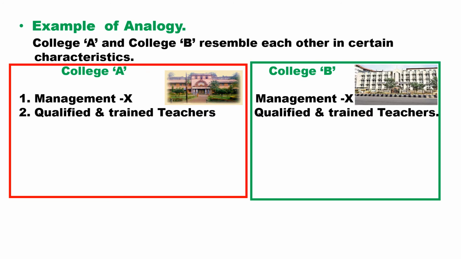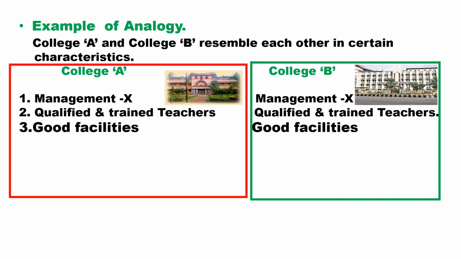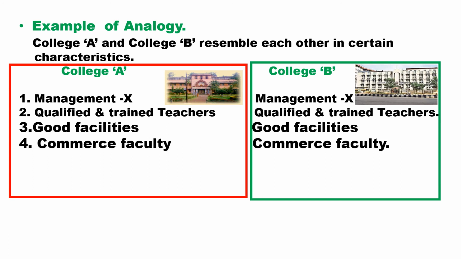Second, both colleges have qualified and trained teachers. Then, College A has good facilities, and College B also has good facilities. College A has a commerce faculty, and College B also has a commerce faculty.